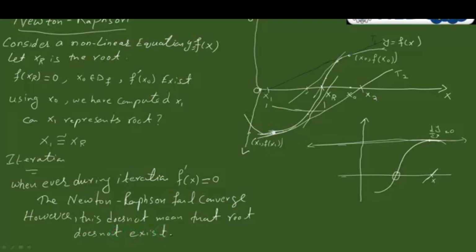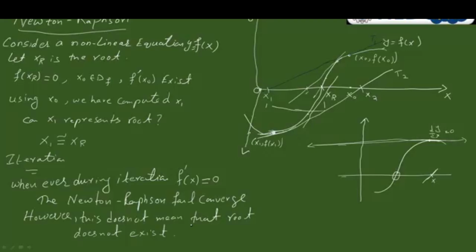Okay, this means that the root does not exist, that you have to make sure. The root may exist or may not exist, but if the derivative goes to 0 at any iteration that you have started at any point, then you cannot draw the tangent that is intersecting the x-axis. This means that this is the drawback of your Newton-Raphson method.